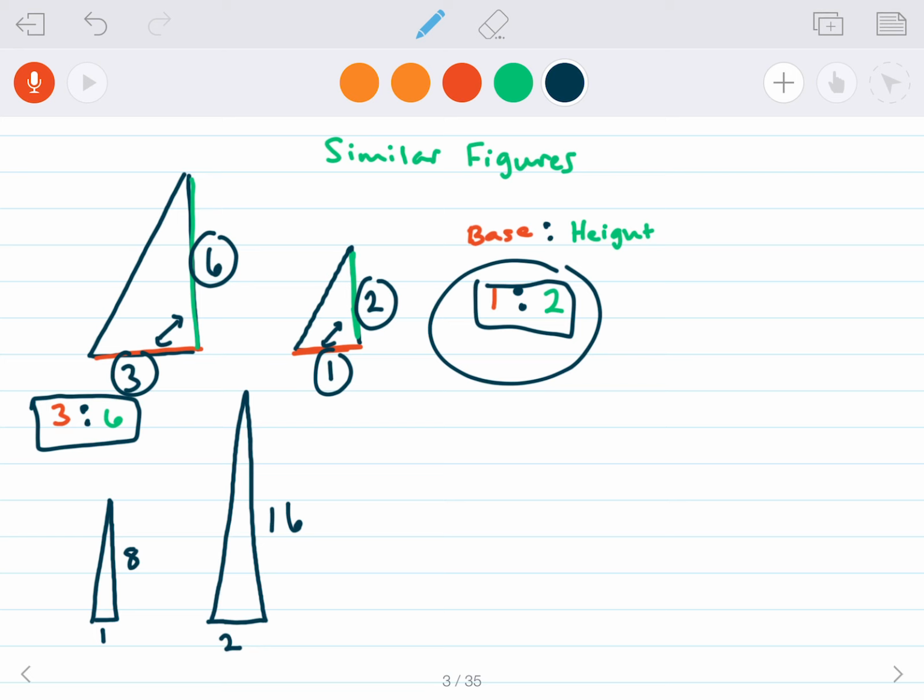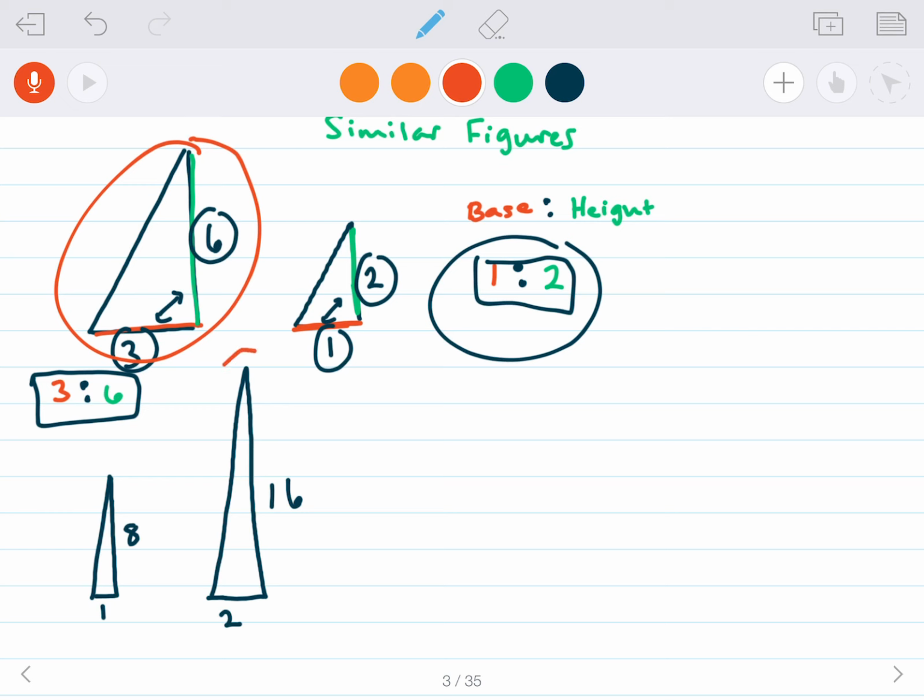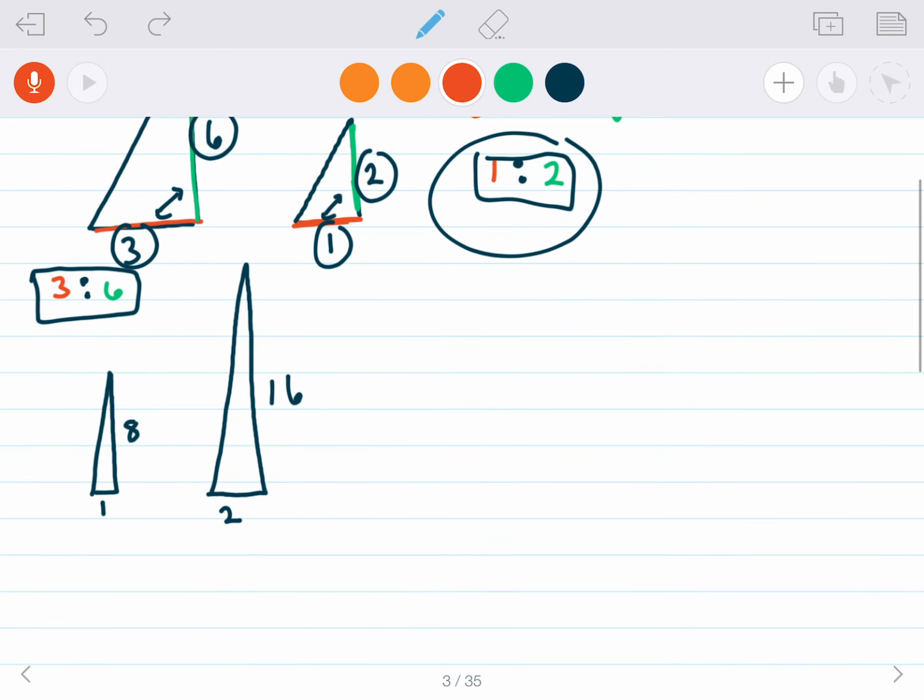And you can see how this shape right here is very different from this shape, right? They look to be the same size, but the ratio between the sides is clearly not the same. If we take a look at this little guy right here, he has a ratio of 1 to 8. We're comparing base to height, okay? And then this guy over here has a base of 2 and a height of 16. Now 1 over 8 can't be reduced, but 2 over 16 sure can be.